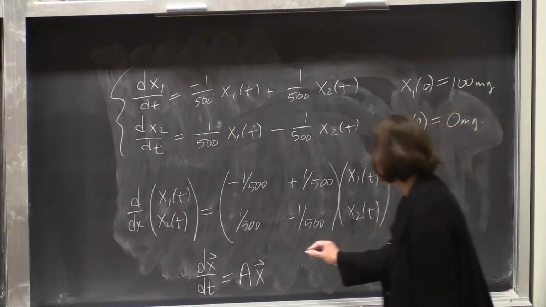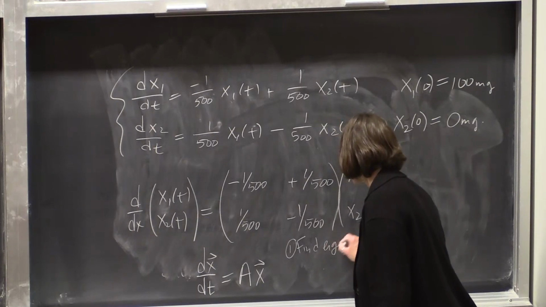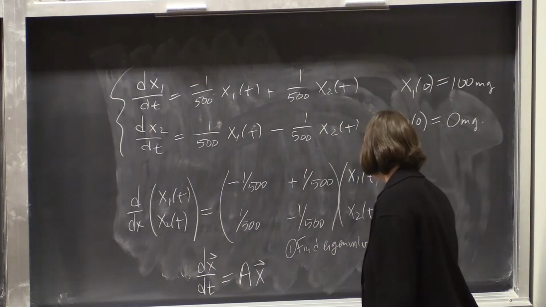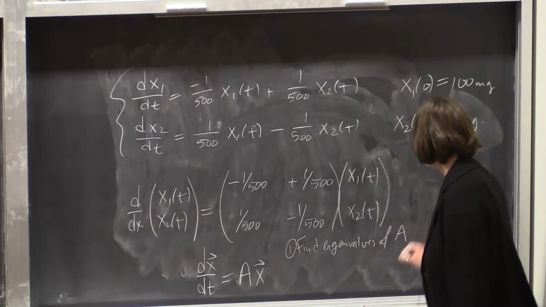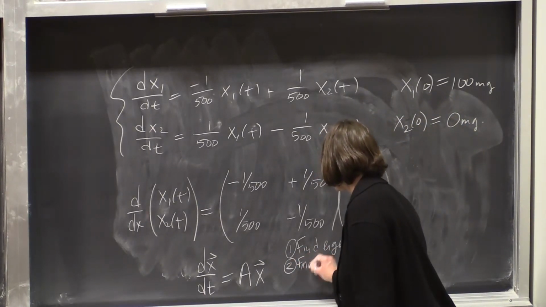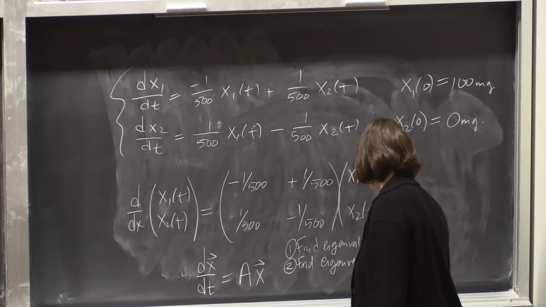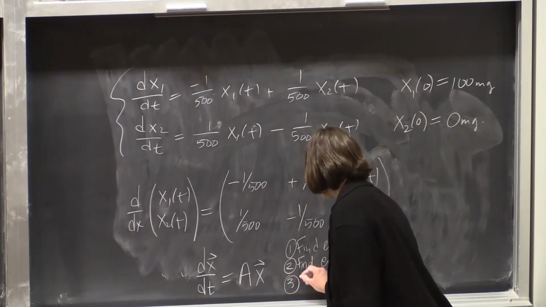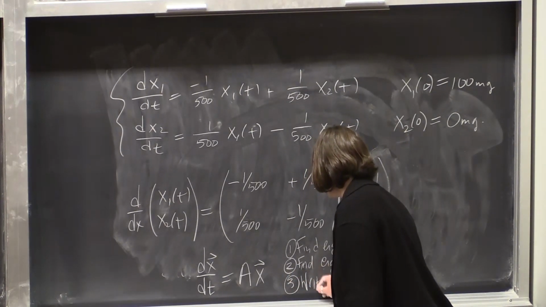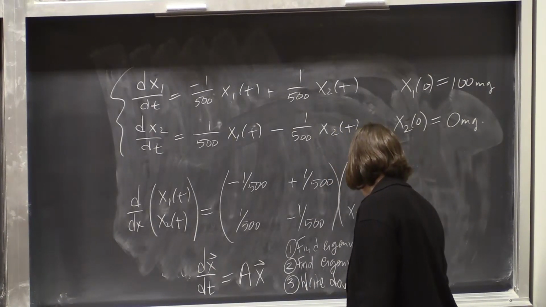To solve this, first, find eigenvalues of A. Second, find eigenvectors of A. Third, write down the general solution.